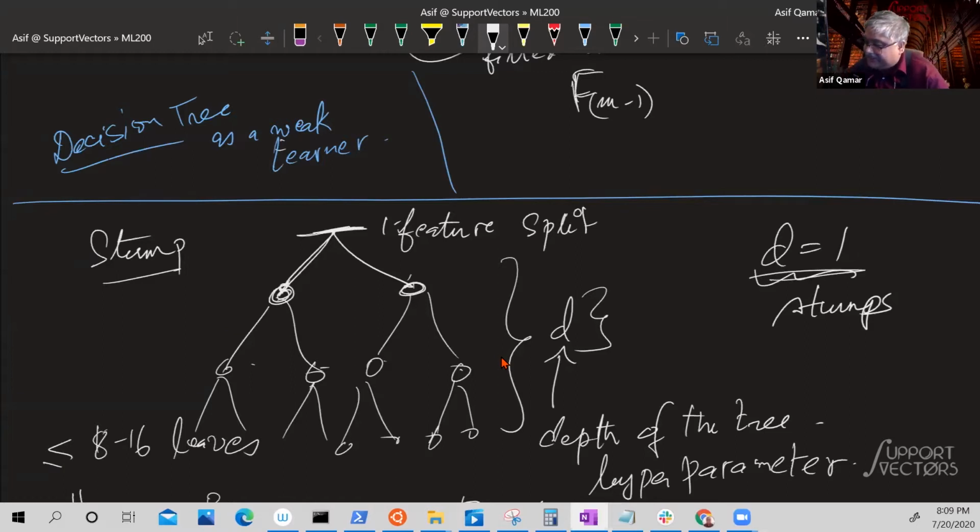But usually when you take stumps, then you're just picking one feature, right? And quite often with gradient boosting, you should try to run it just with stumps. It learns faster, very quickly. It leads to what people call an additive model. It has some interpretability to it. It will basically tell you that the most important feature is this, and then up to lambda dampening, the second most important is this, and the third most is this, and so on.